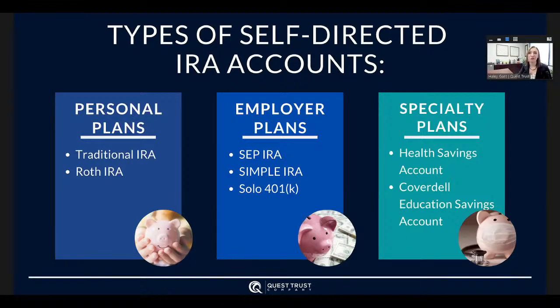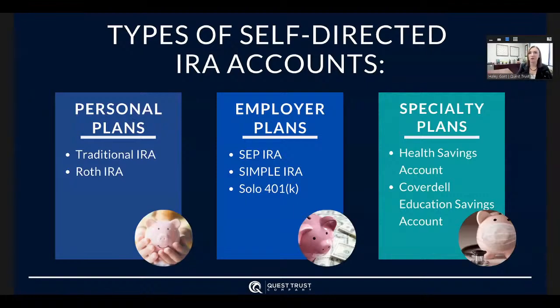So long story short, we are nerds, we love IRAs, and we can really help to tailor the conversation to your personal situation, depending on what types of accounts you might currently have between you and your immediate family. Or if you're looking to start up some new accounts, we can give you an idea of which types of accounts you might qualify for and which ones you might be able to make contributions to.